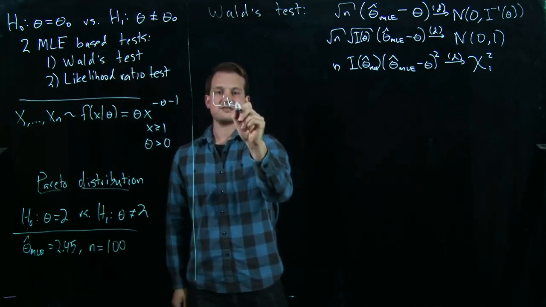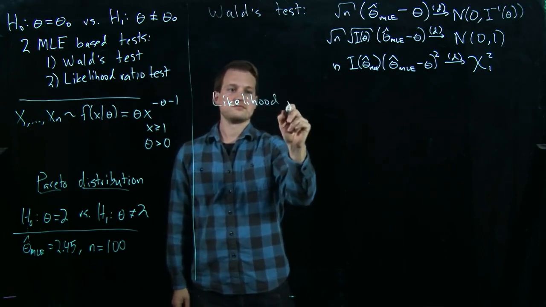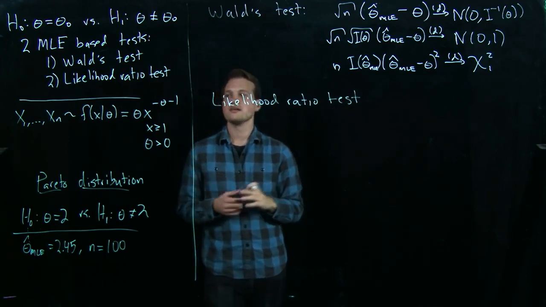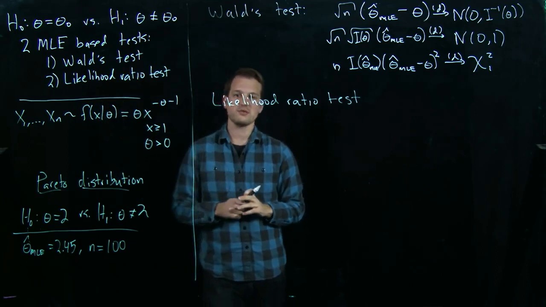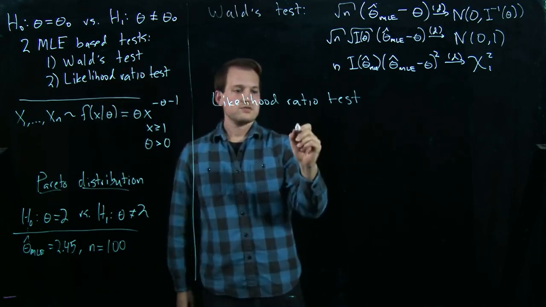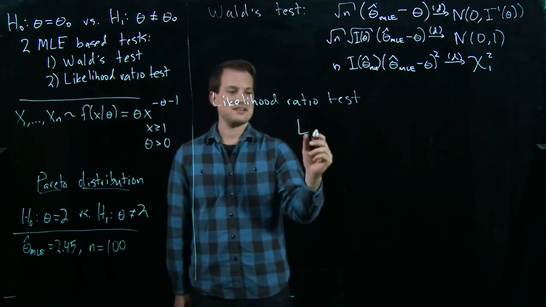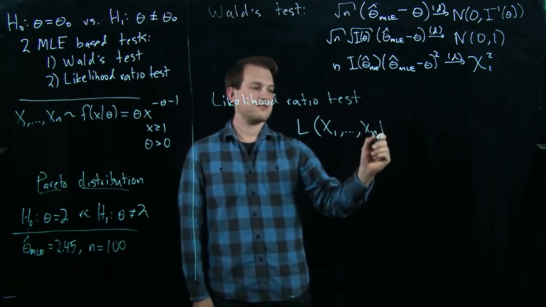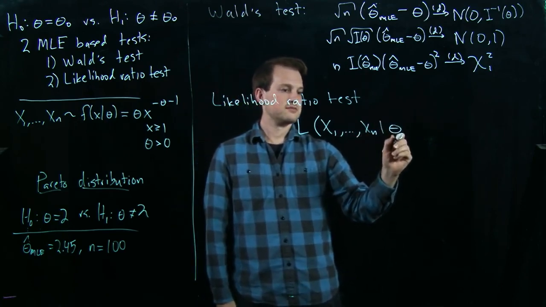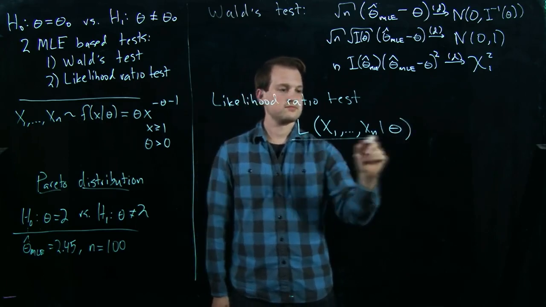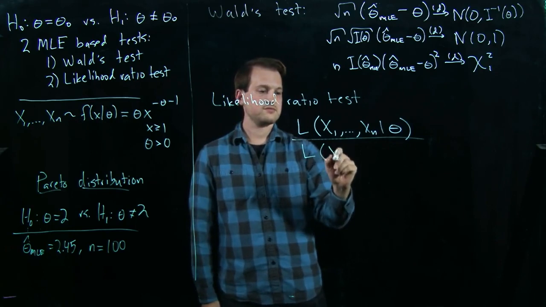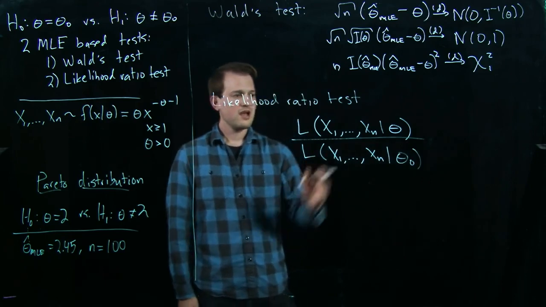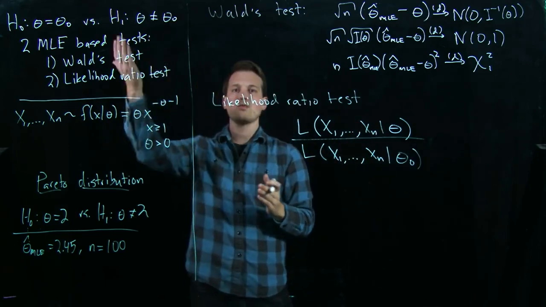Now the likelihood ratio test basically looks at how much more likely, say, the alternative hypothesis is when compared to the null hypothesis. To do this, you look at the likelihood ratio. The likelihood ratio will be the likelihood of your data given, say, the alternative hypothesis over the likelihood of your data given the null hypothesis. Now in the alternative hypothesis, theta can take a whole range of values.